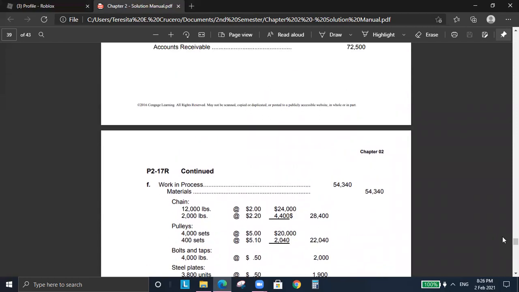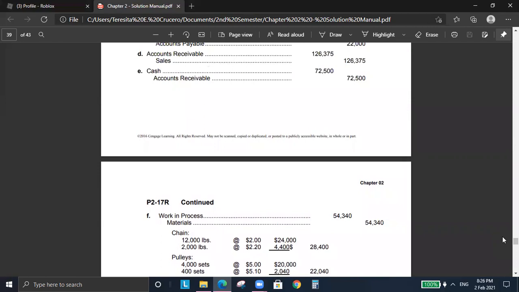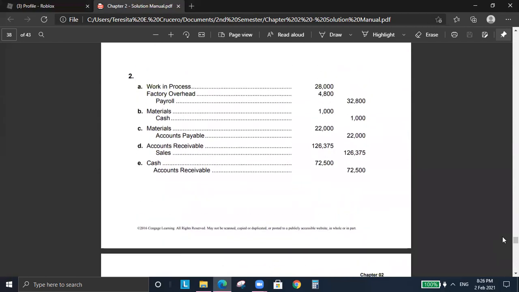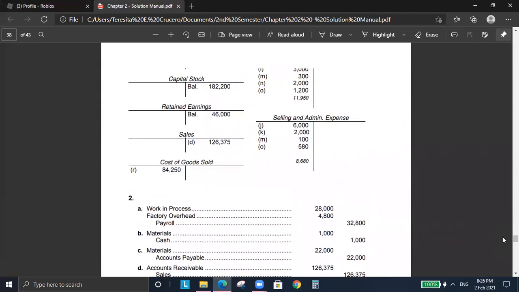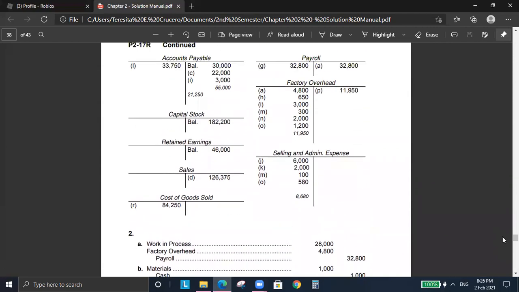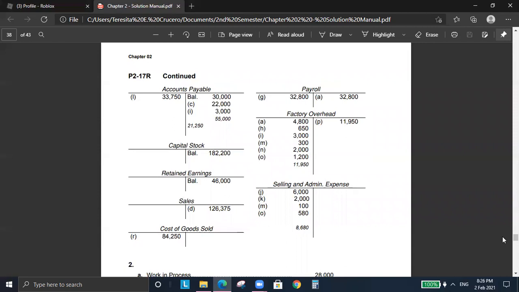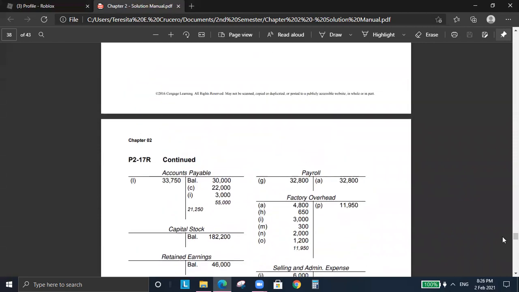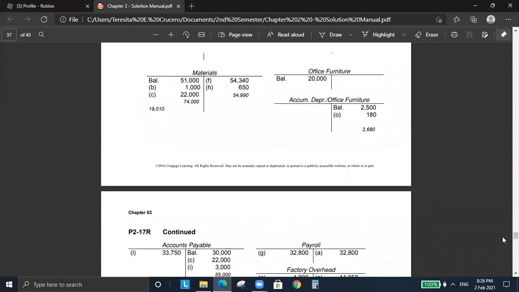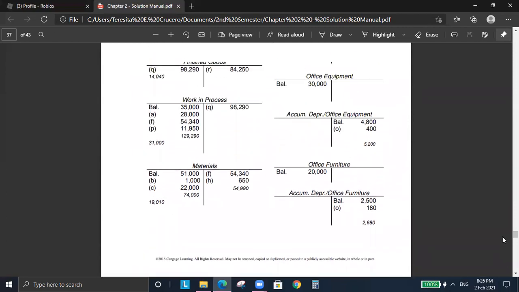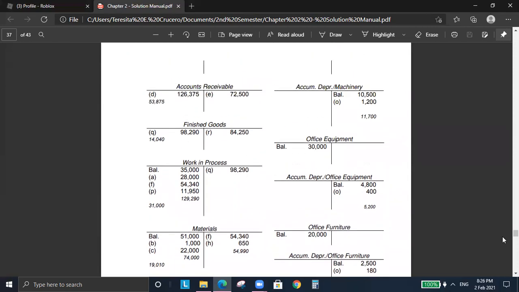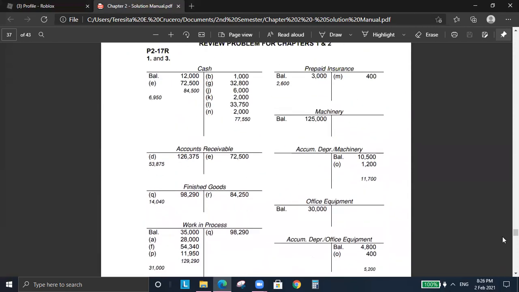Refer to the T accounts in requirement number 1. We have the given T accounts for the beginning balances of the accounts shown in our problem, including cash, work in process.